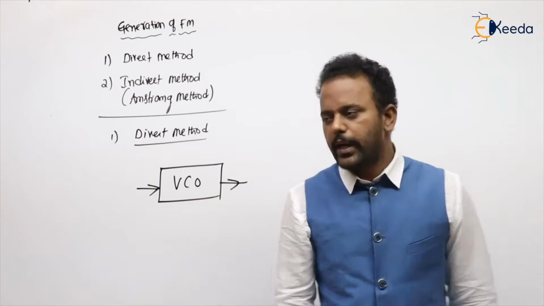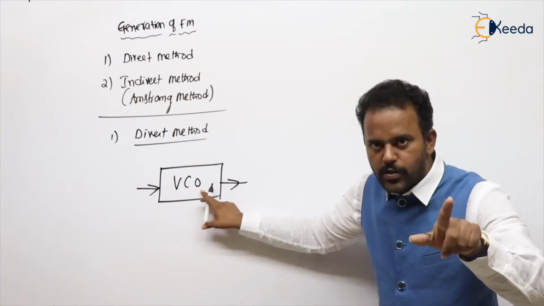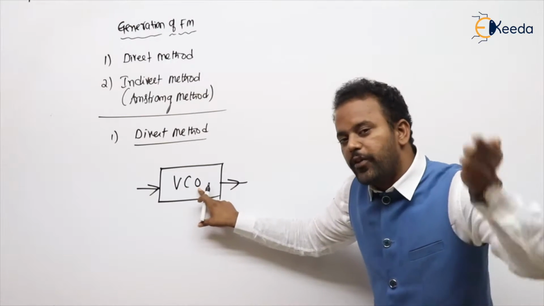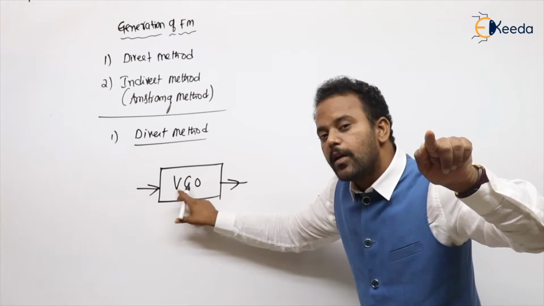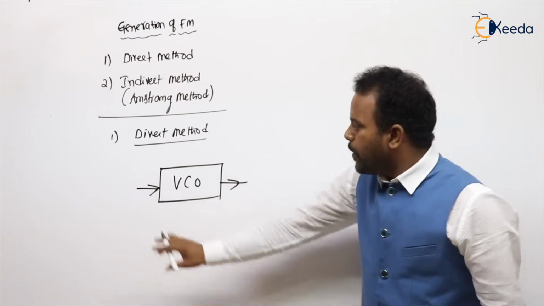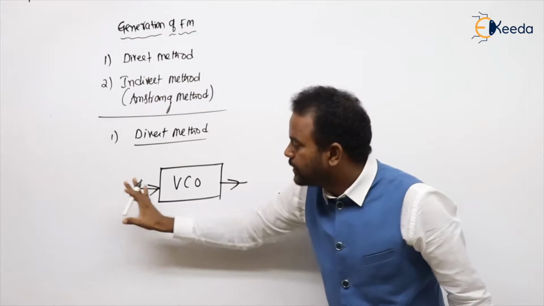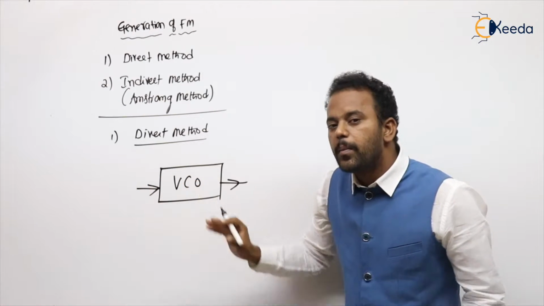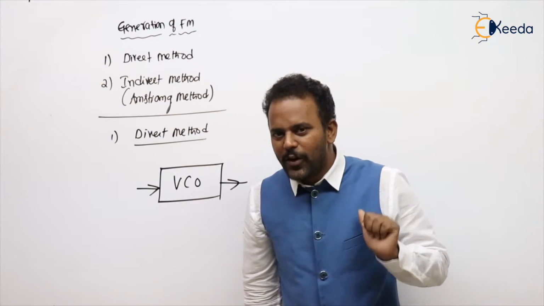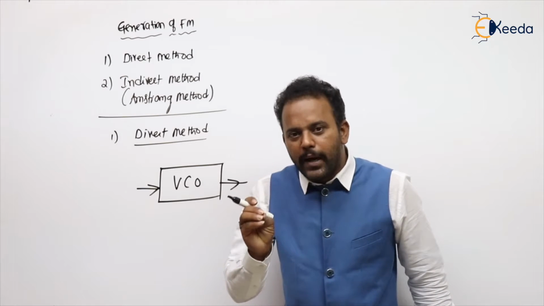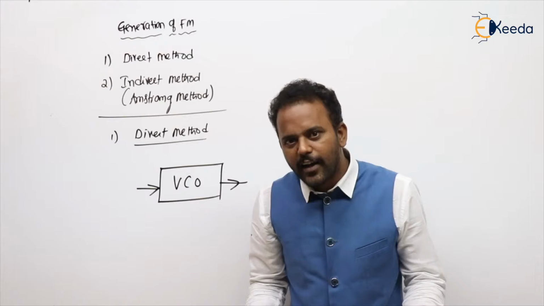It is also an oscillator, whose oscillation frequency is controlled by the input signal voltage. Based on the input voltage varying, the oscillations will vary. So depending upon the input voltage, the output frequency will vary.